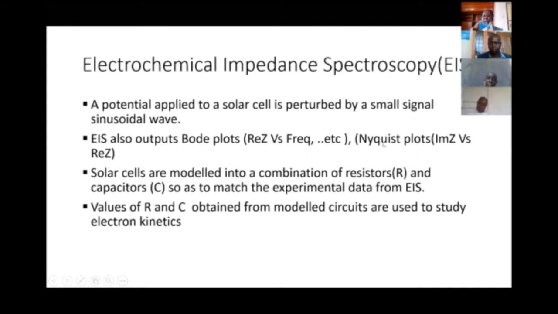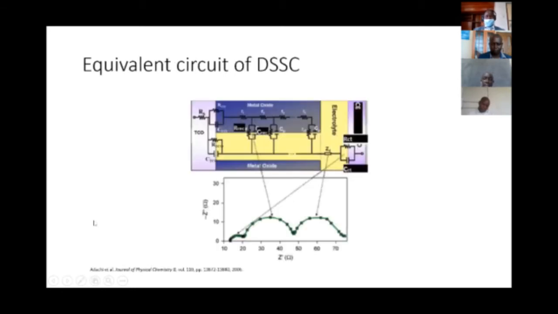And then we have Nyquist plots, which is a plot of imaginary impedance versus the real impedance. The solar cells are then modeled into a combination of resistors and capacitors so as to match the experimental data from the EIS. Values of R and C obtained are then used to study electron kinetics in the solar cells.